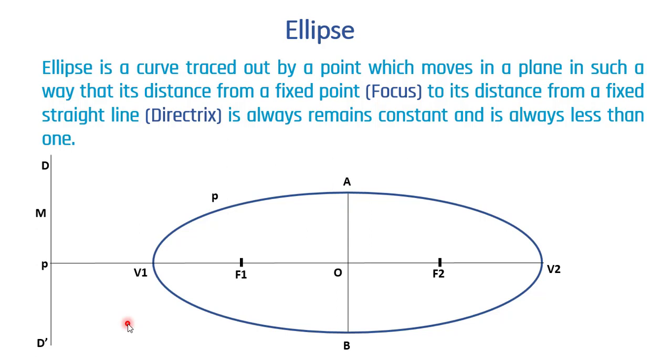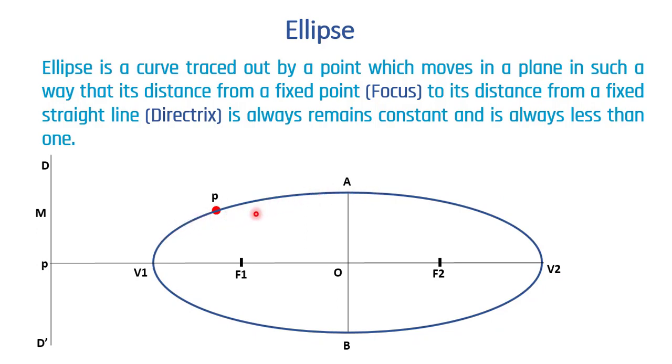So let's look at the definition of an eccentricity now, and simultaneously we will understand the definition of an ellipse as well. So this is the point P. Assume that this point is moving continuously and it is tracing this elliptical path.